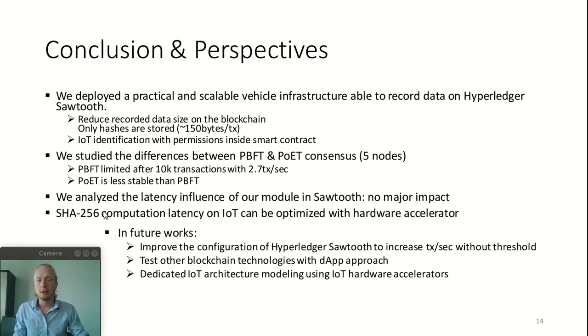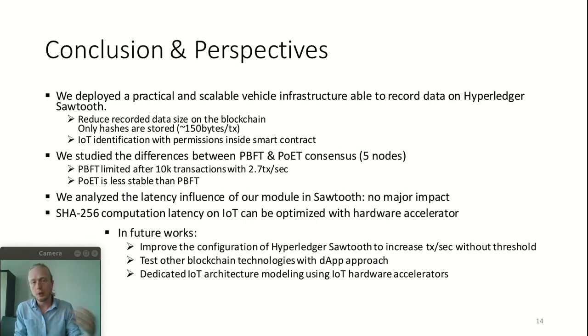And finally, on the IoT, we have seen that it is possible to include a hardware accelerator for the hashing computation, and thus also decrease the latency of the IoT using that hardware accelerator. In future works, we want to improve the configuration of Hyperledger Sawtooth.